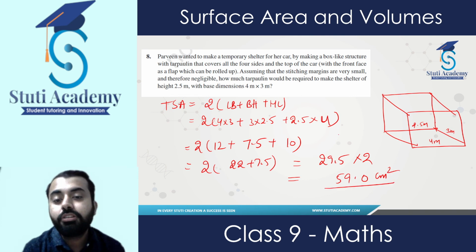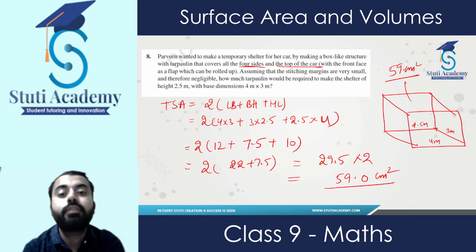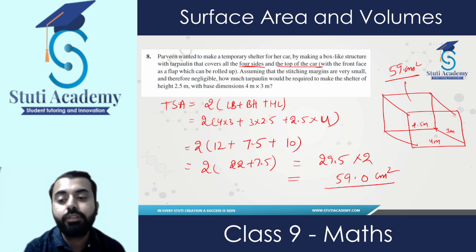But this is the total surface area, including the base. Now it was given that I do not need the base. It has four sides and a top, not a base. In that case, what will I do?